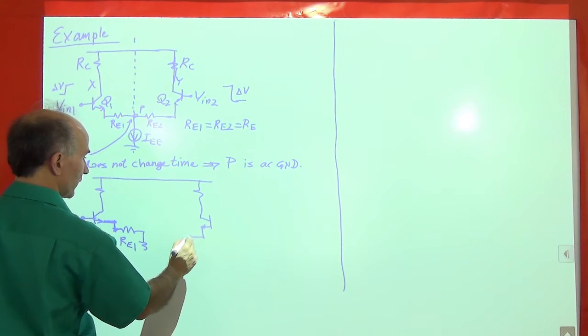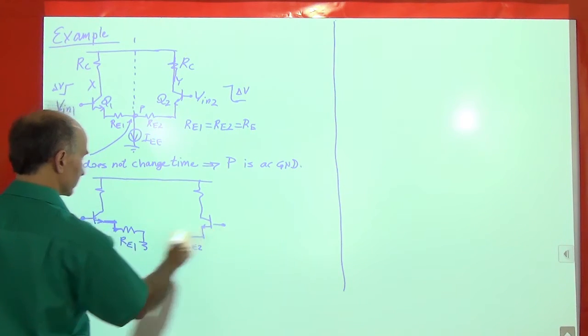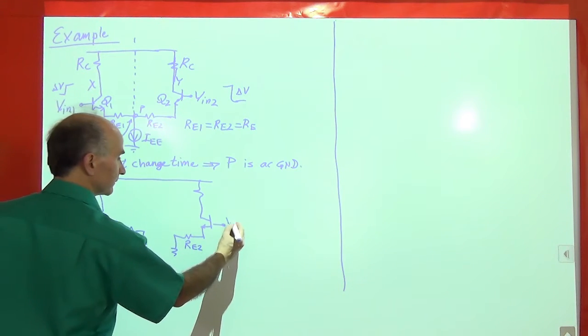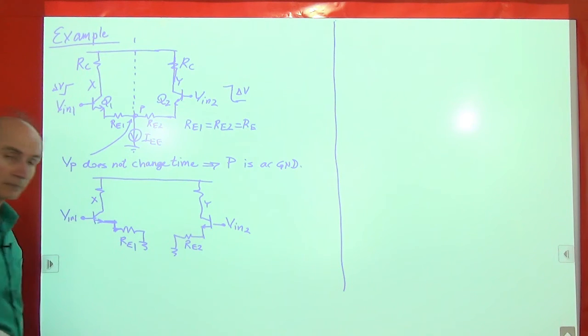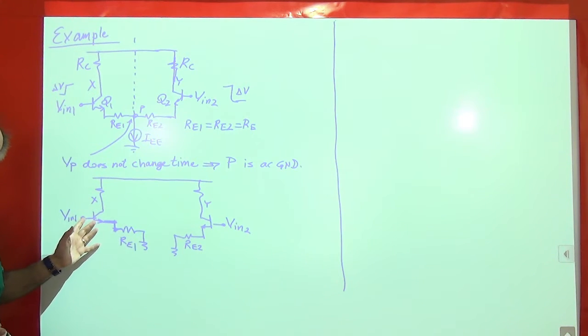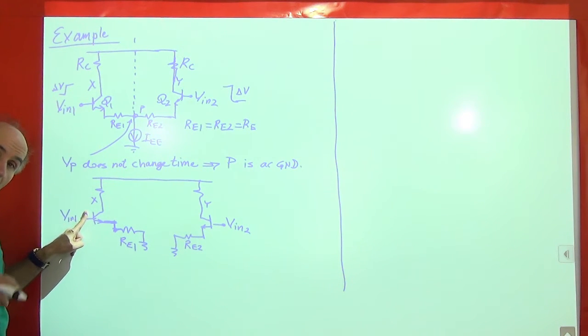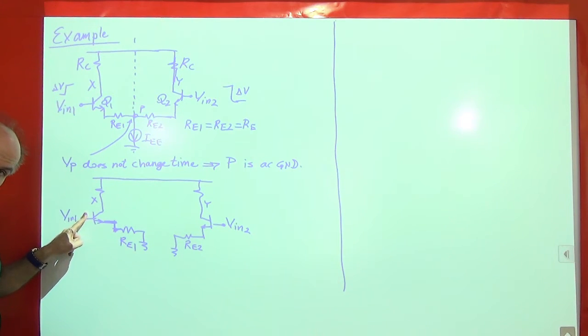This is, of course, for small signal analysis only. So Vin1 and Vin2, and then this is X and this is Y. Now I have two half circuits and I can write the voltage gain of this half from Electronics 1.